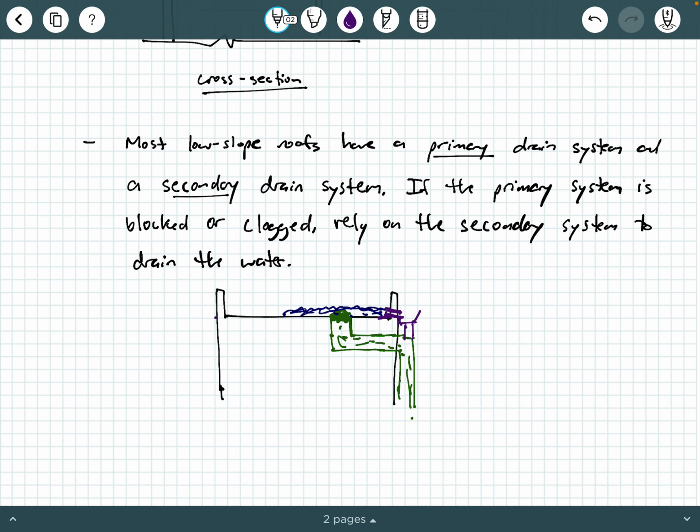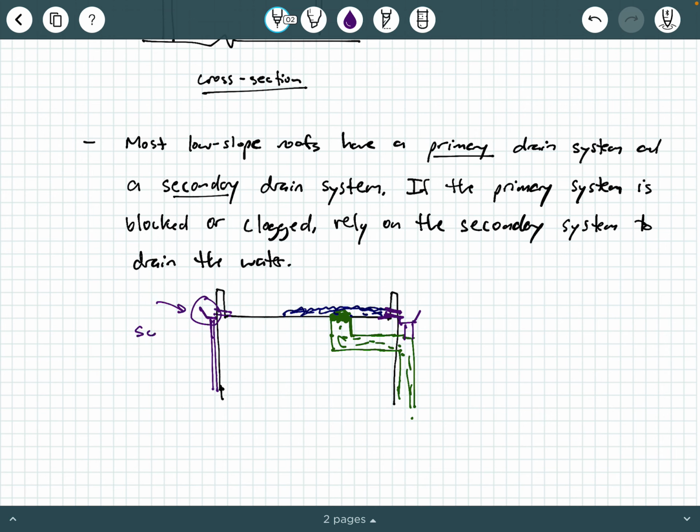Okay, and you may have several of these spaced out along the perimeter of your structure, of your wall. Okay, so again, these secondary systems, usually there's several of them, and they're called scuppers typically, but they allow water to come out through these little slots, and then they drain down a little drainage outlet along the side of the wall of your structure. So we sometimes call these things, again, scuppers.